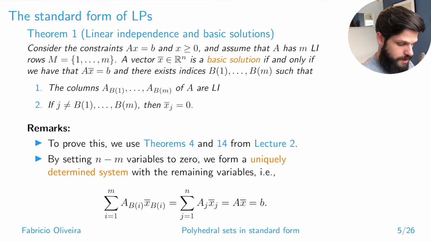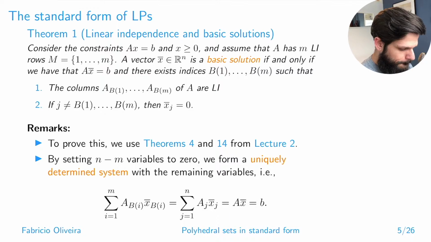You need Theorem 4 combined with the assumption that you have m linearly independent rows, and then you can use Theorem 14, in whose proof, connecting extreme points, vertices, and basic feasible solutions, the linear independence can be used to show that it's an extreme point, and then you have a connector that takes you all the way to a basic feasible solution. So have a look at these two theorems, and you can hopefully see that it's basically just picking parts of them.